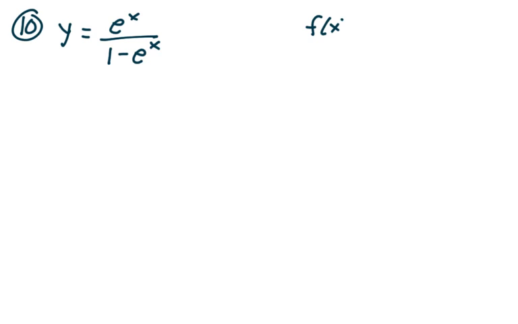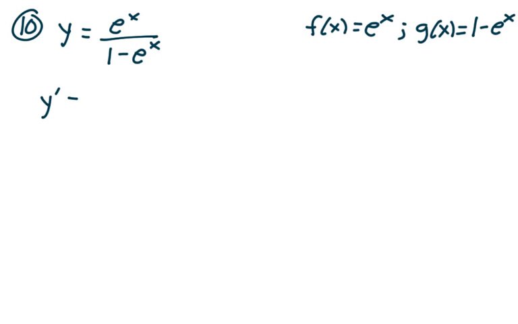Let's take a look at problem 10. Suppose y equals e to the x divided by 1 minus e to the x. Okay. Now, this is a quotient, and here we have f of x equals e to the x, and g of x is 1 minus e to the x.